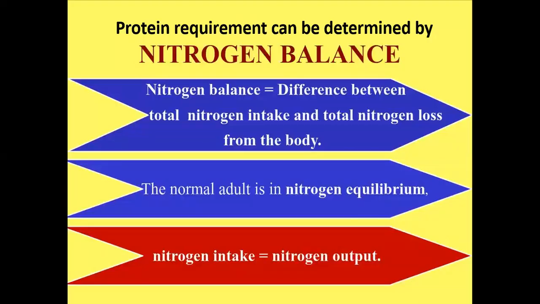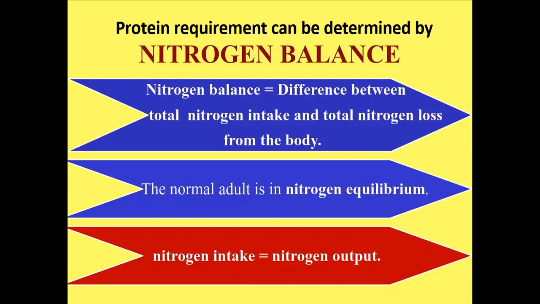Then coming to nitrogen balance. So what is nitrogen balance? Nitrogen balance is an important index of protein and amino acid metabolism. Nitrogen balance is used to compare the amount of nitrogen entering the body and that leaving it.